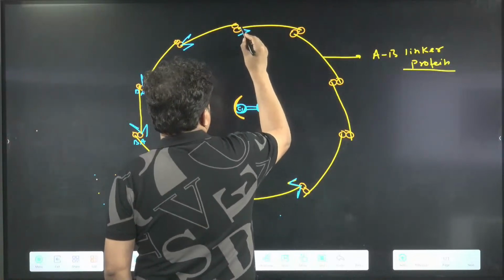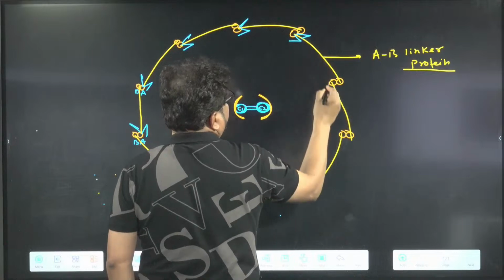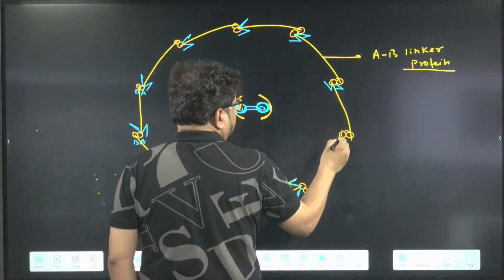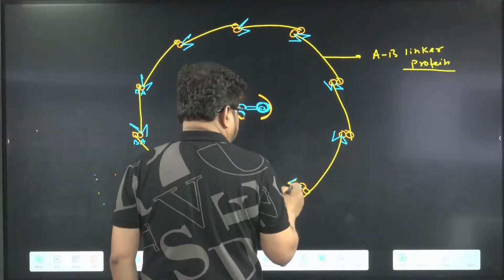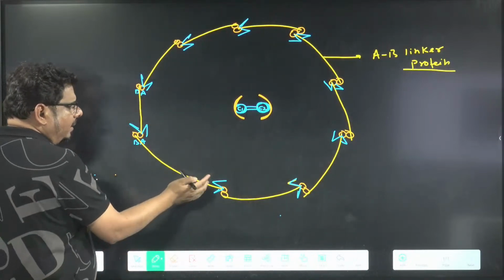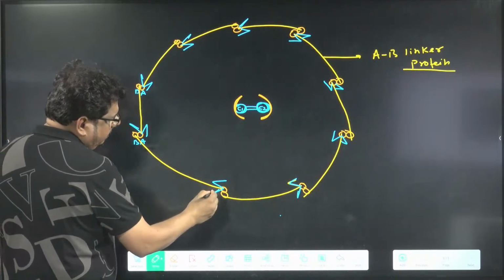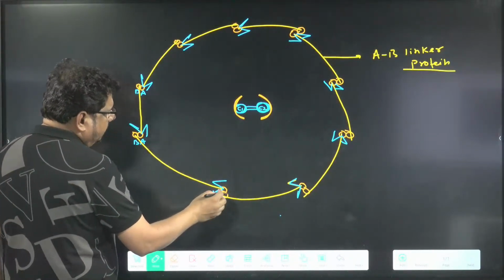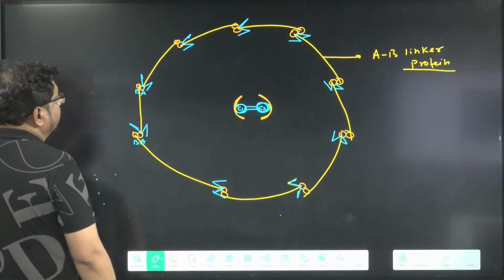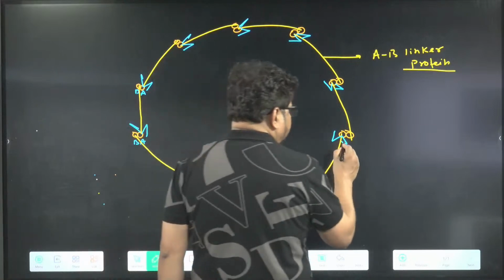So, the inner arm is inside of the AB linker, the outer arm is outside of the AB linker. Getting the idea or not? So, two types of arms are there, inner arm and outer arm. So, here are the arms.